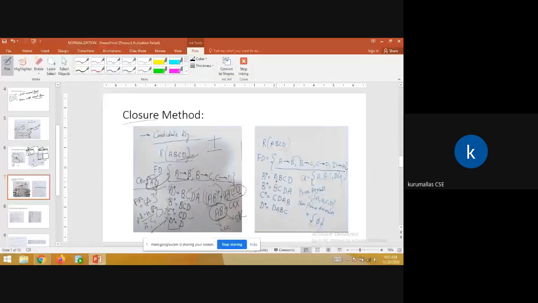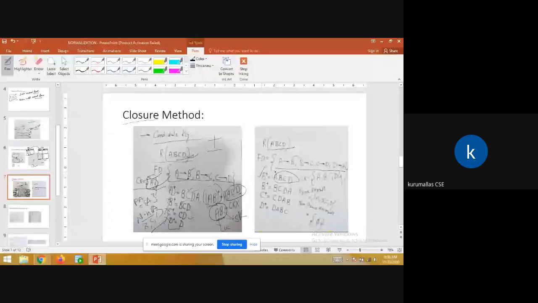Even though A tends to A is not given, we have to write it because of the reflexivity property. Next, A tends to B is there, B tends to C is there, C tends to D is there, D tends to A is there, already A is placed. Compare with the original table.